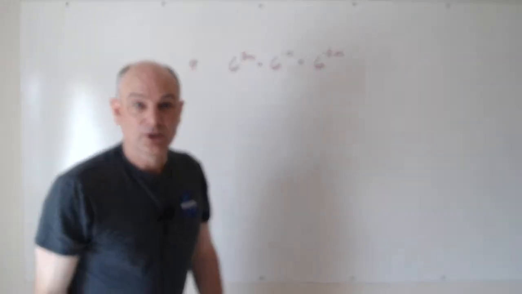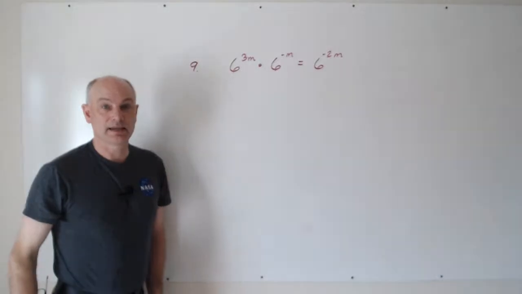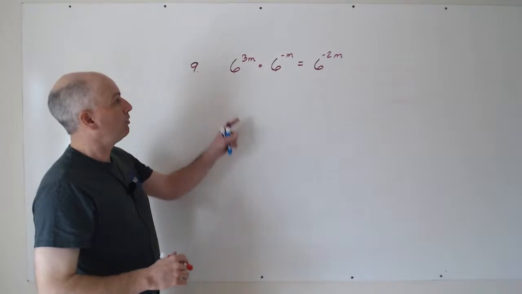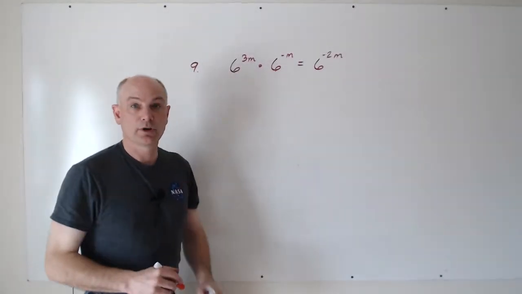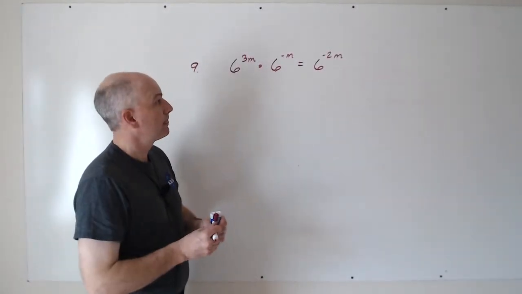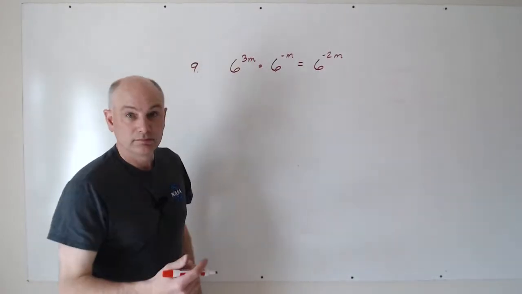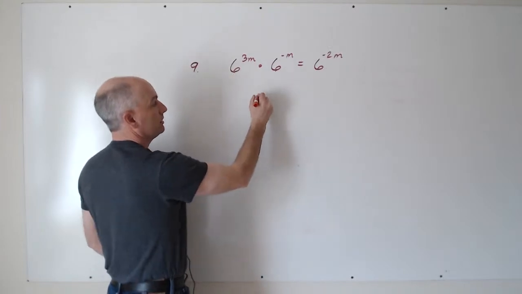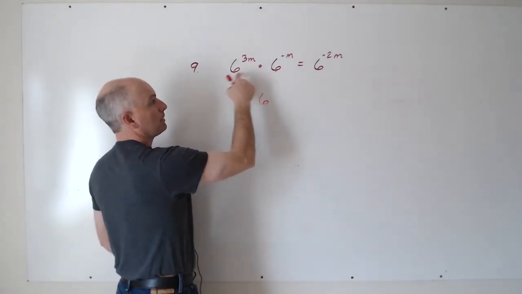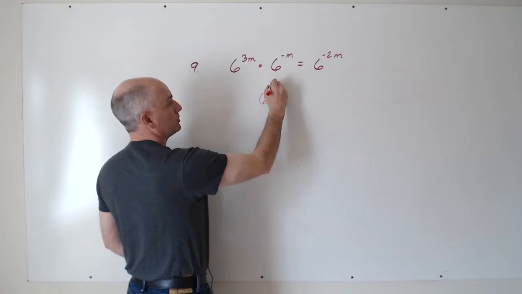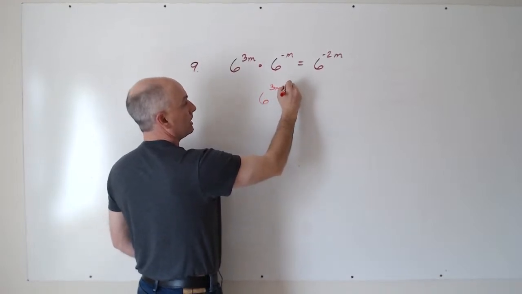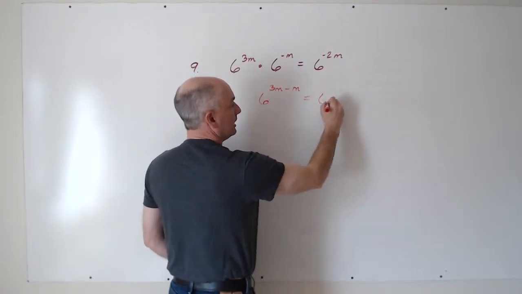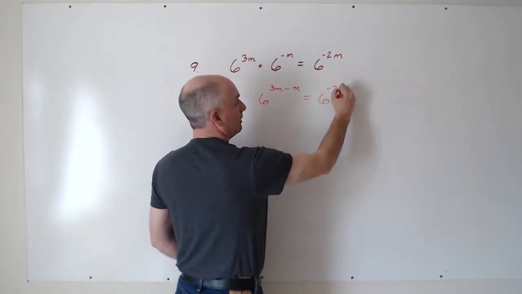Since I'm already in same bases here, all we're going to do is rewrite this side. When I multiply same bases, I get to add exponents. So 3m plus a negative m, or just 3m minus m, has to equal 6 to the negative 2m.